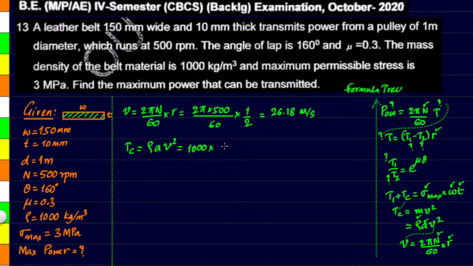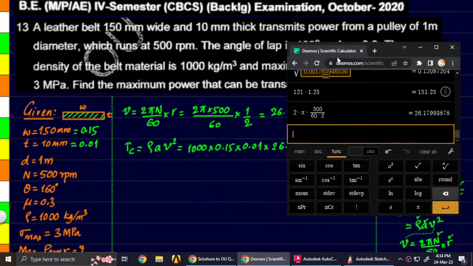Area will be W into T. I think we have to convert this as 0.15 and 0.01, converting to meters before substituting. And that's what provides us these values. So that will give us the centrifugal tension. So 1000 into 0.15 into 0.01, and into 26.18 squared.